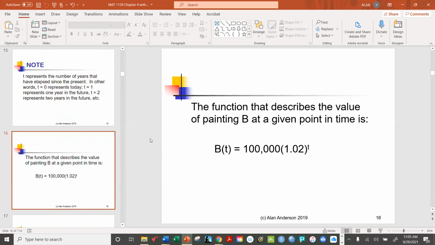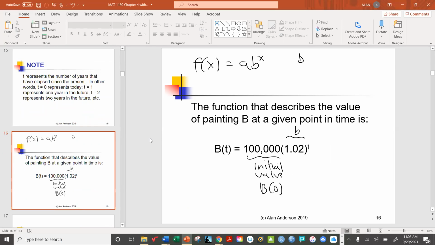All of a sudden you recognize this as an exponential function. This is A, remember, this is the general form. This is the initial value, or in other words, B of 0. Now this is B. I said before, B is the growth factor.